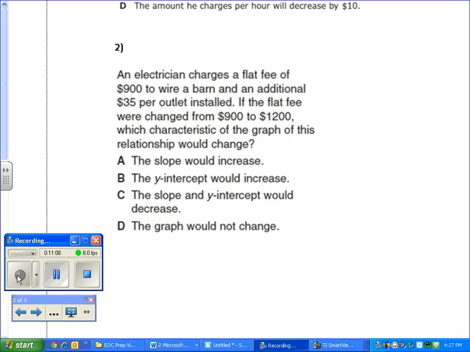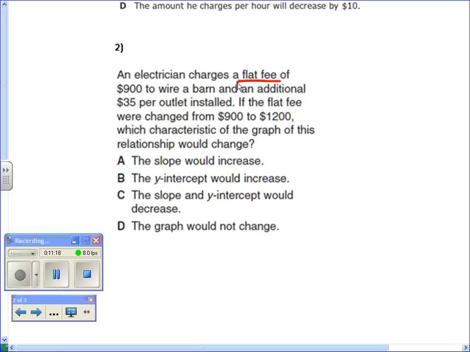Okay. In our second problem, as it applies to a real-life situation, we've got an electrician charging a flat fee. I would underline that word right there. A flat fee of $900 to wire a barn, and an additional $35 per outlet installed. That per outlet installed tells me that it is referring to a rate, as in the slope of the line we're discussing.